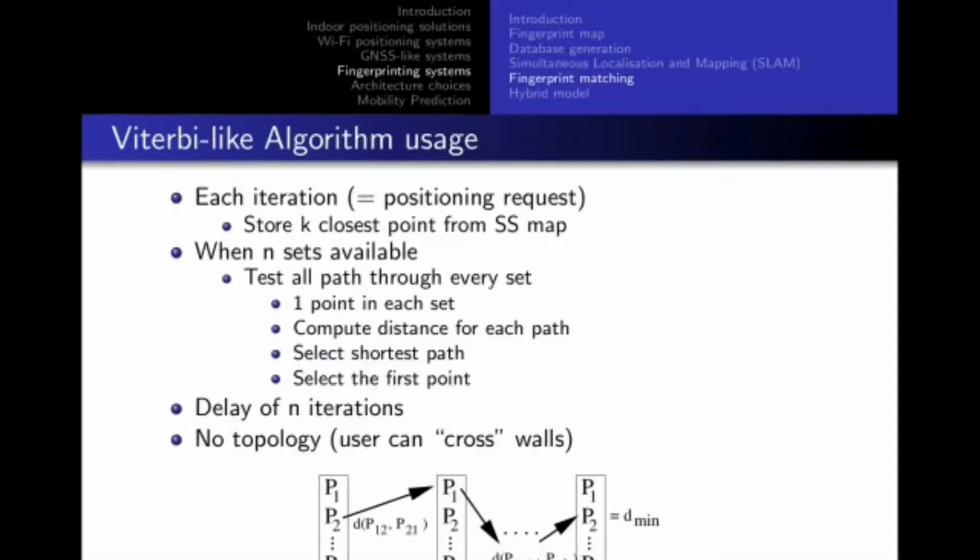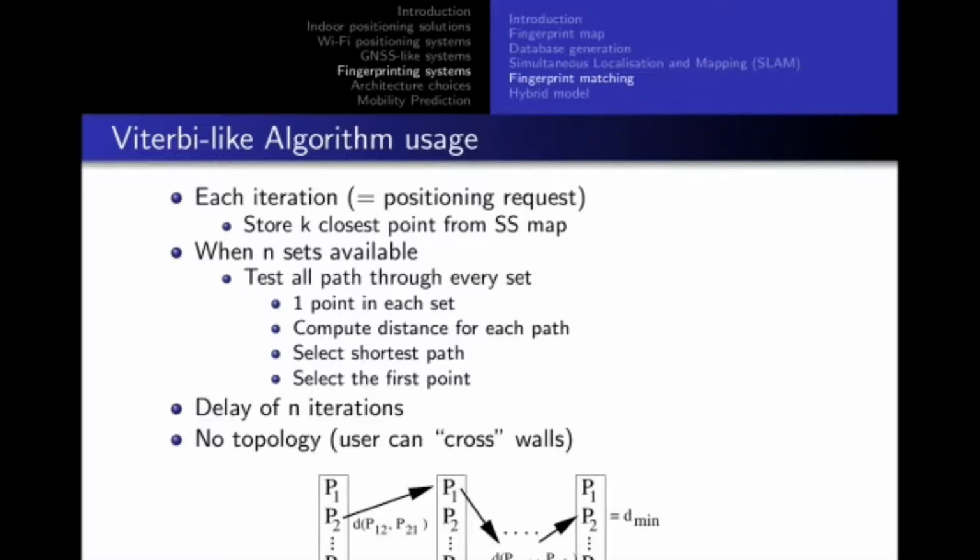We compute the distance of each path and select the shortest path as being the most likely path of the mobile device, whose first point we select as the location of the device. This means we have n iterations of delay, so we are n iterations late to give the location of the device, but it's more precise.